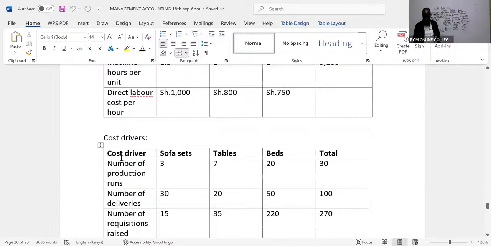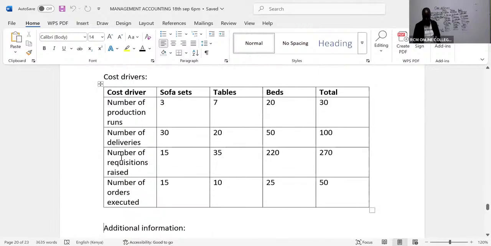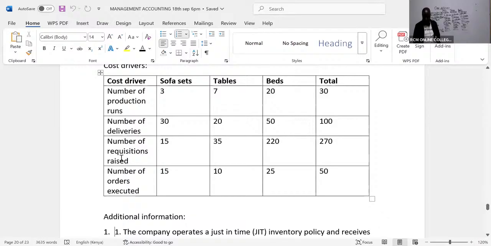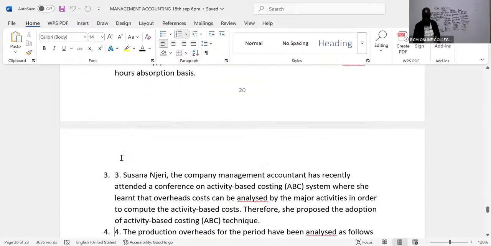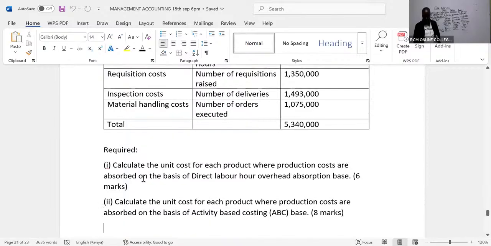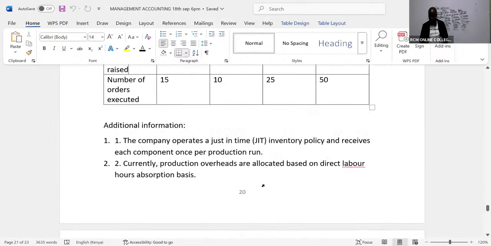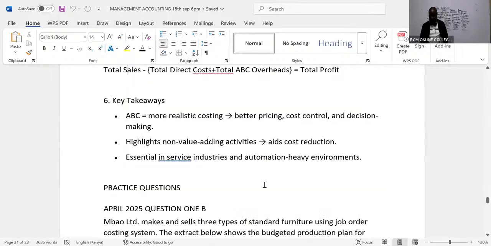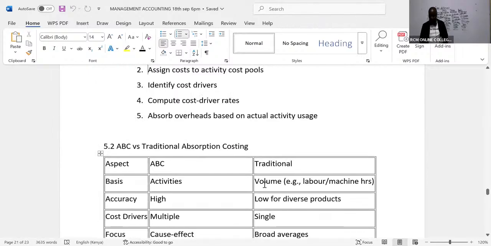You can see number 2: calculate the unit cost for each product where production costs are absorbed on the basis of activity-based costing, ABC. Then I would want to refer back to my handout. What is this animal called ABC?